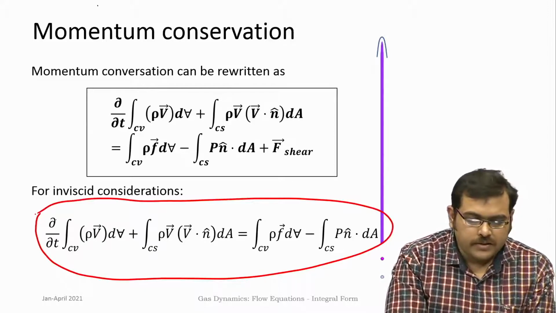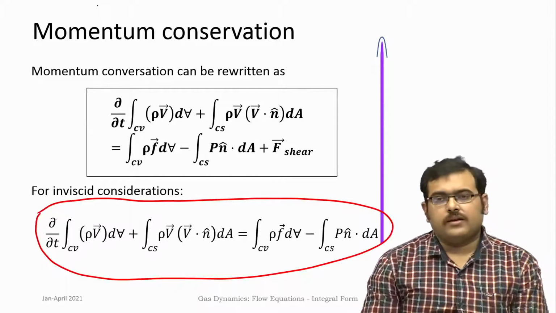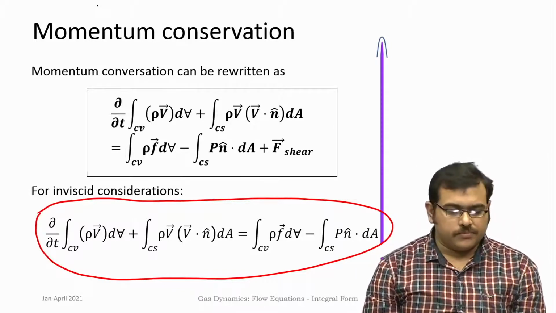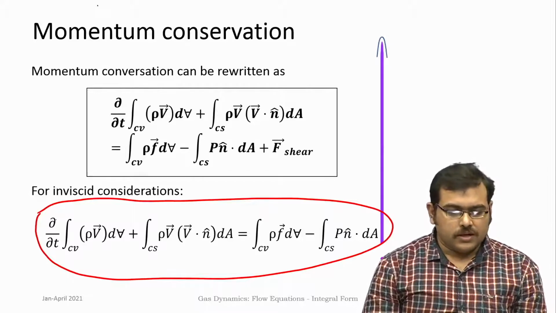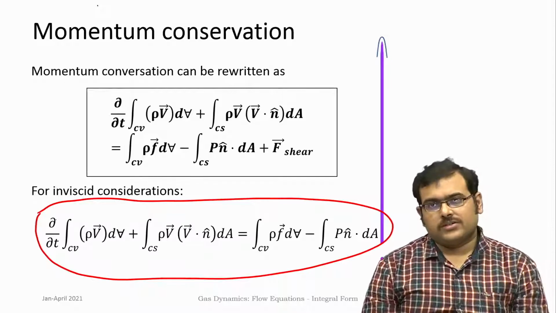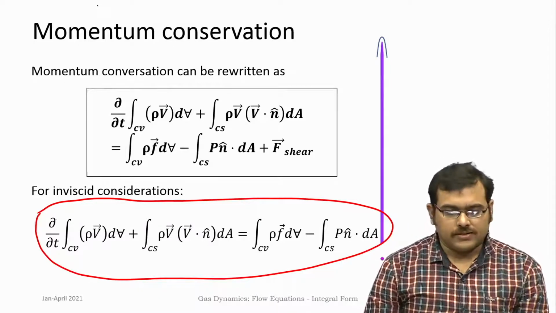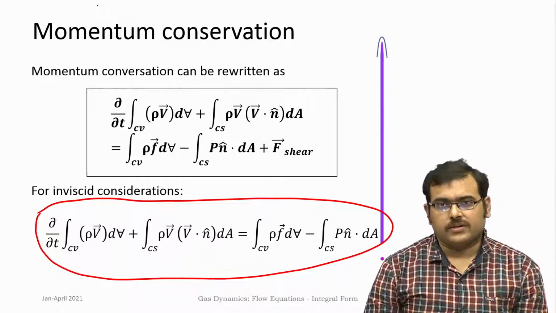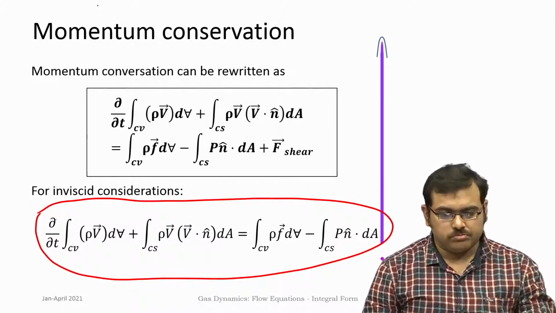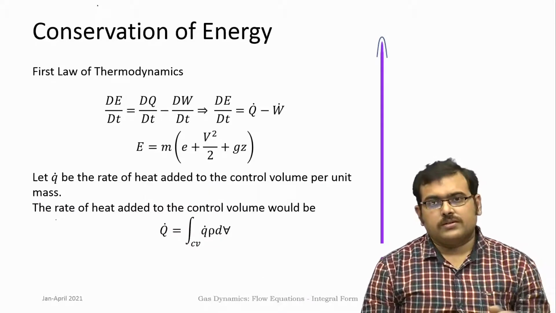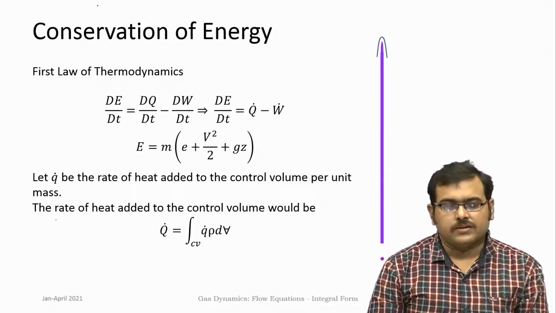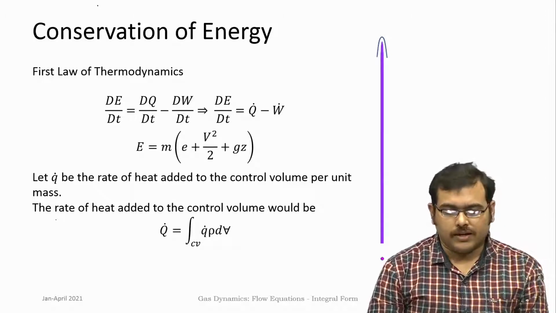Okay. So we have done conservation of mass, where mass is conserved. The second is momentum conservation. Then the next that comes into the picture is conservation of energy, which is nothing but the statement of the first law of thermodynamics.